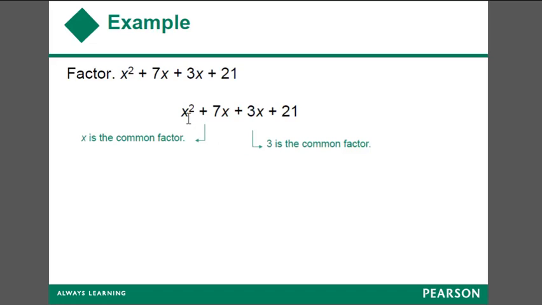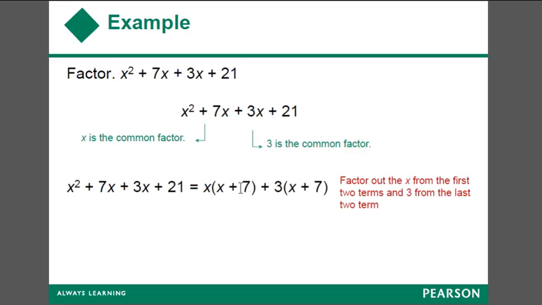So if I factor out an x from my first two terms, I'll have x times x plus 7. If I factor out a 3 from my second set of terms, I'll have 3 times x plus 7.